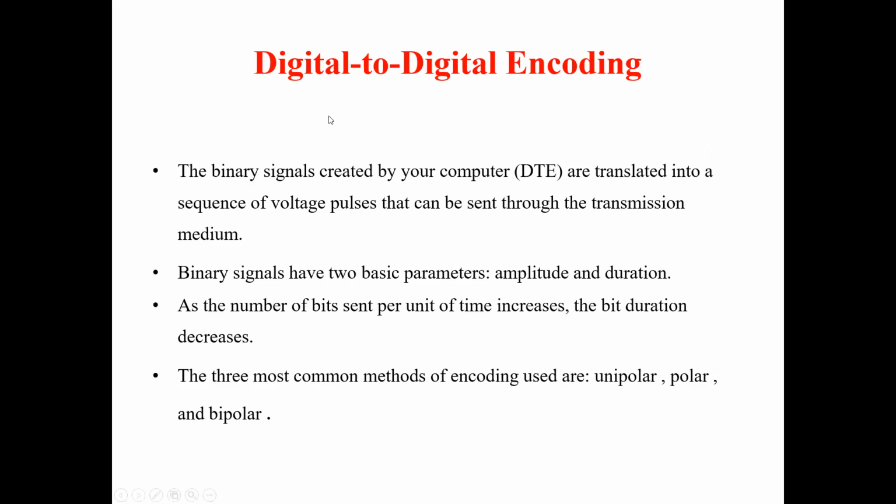So digital to digital conversion is somewhat simpler. We have to convert the binary signals, and we have to insert the sequence of voltage pulses that can be sent through the transmission medium. The binary signals created by the computer are translated into a sequence of voltage pulses that can be sent through the transmission medium.